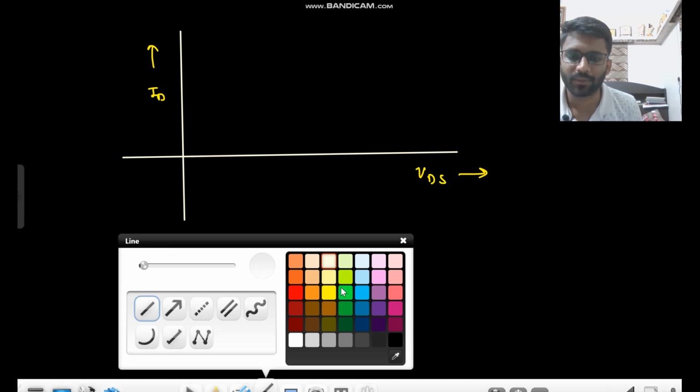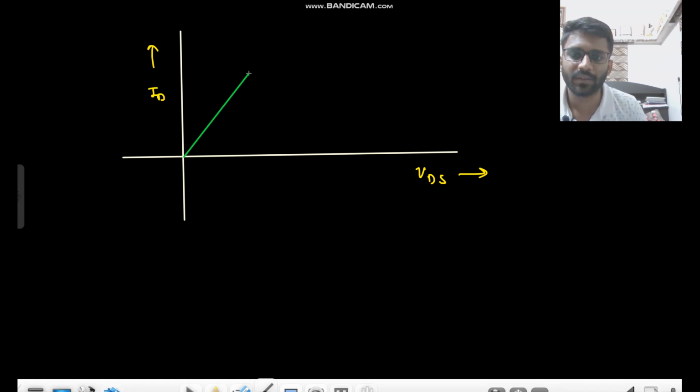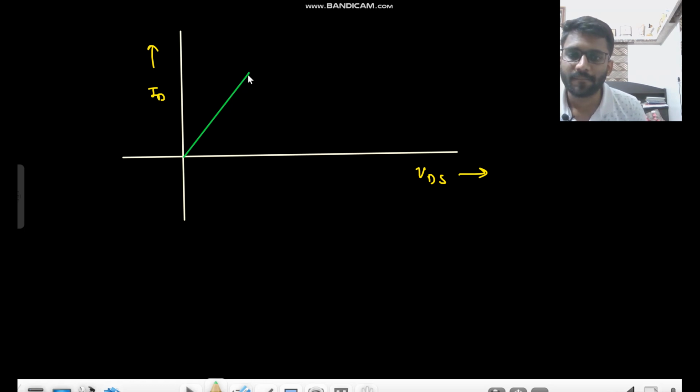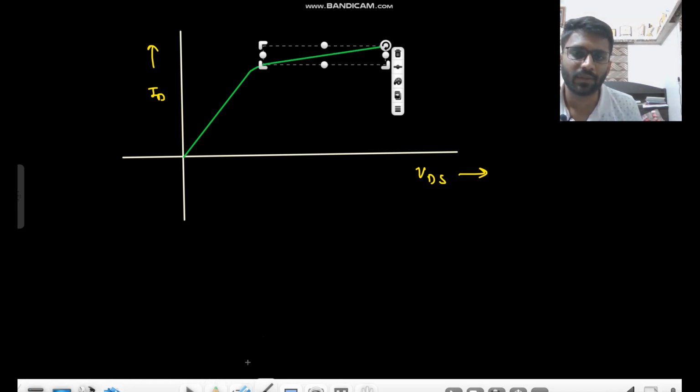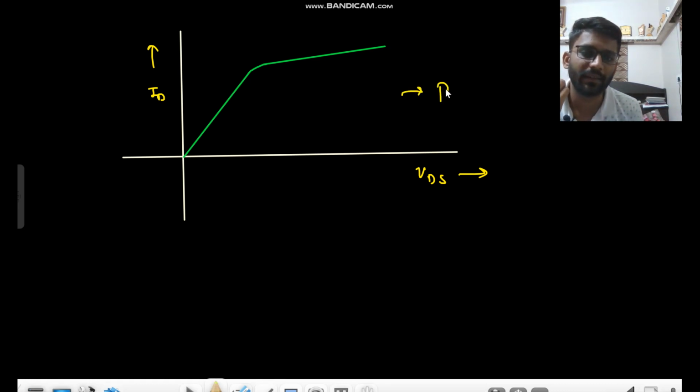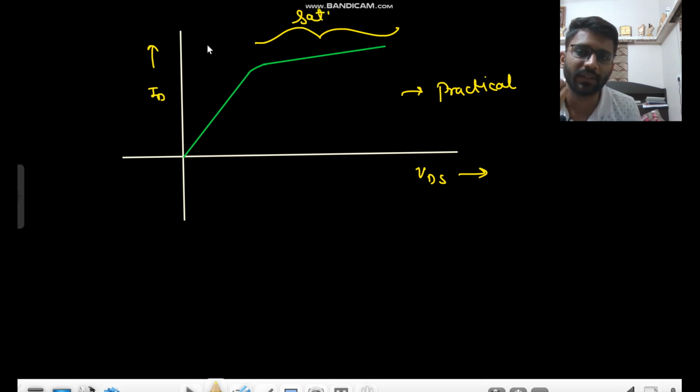So what is the ID versus VDS curve for a MOSFET? This is what we are drawing, practical, because here there is some slope in saturation region. This is saturation region and this is linear region.